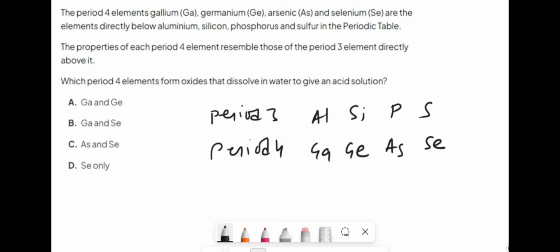The question is, the properties of each of these period 4 elements resemble the properties of those of period 3 elements. Which period 4 element forms an oxide that dissolves in water to give an acidic solution?